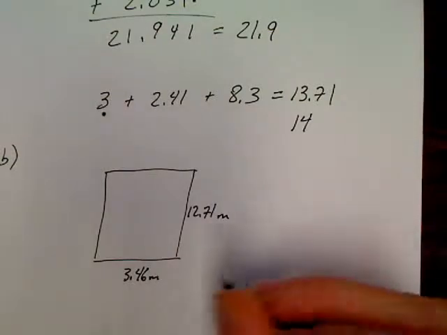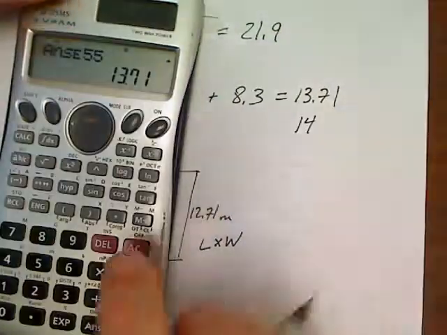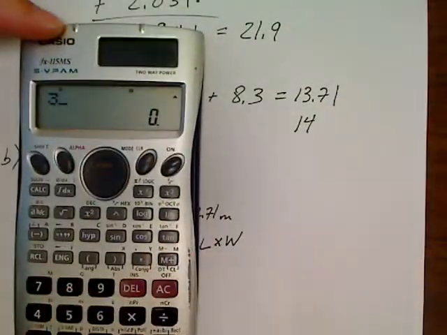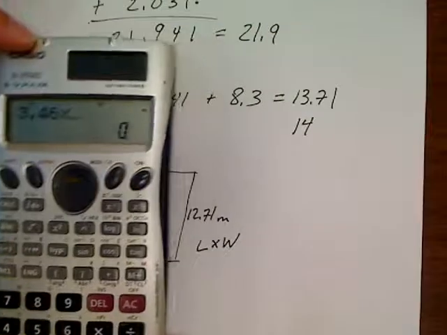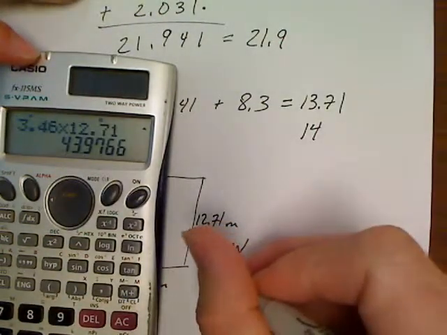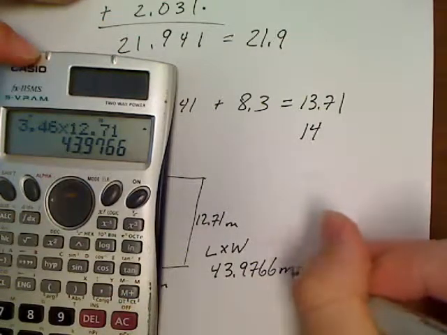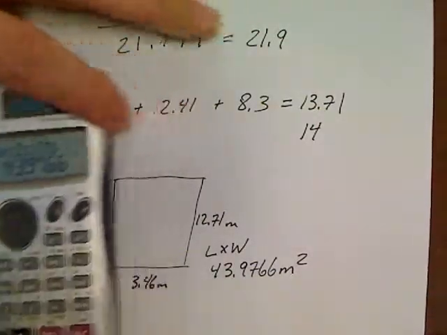So multiply length times width for area, and I get 3.46 times 12.71, and that's 43.9766 meters squared.